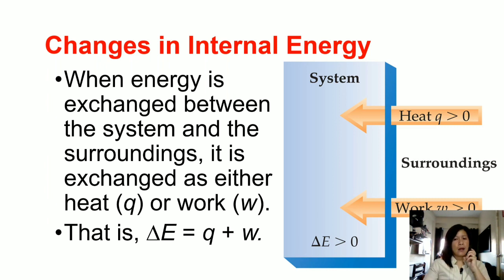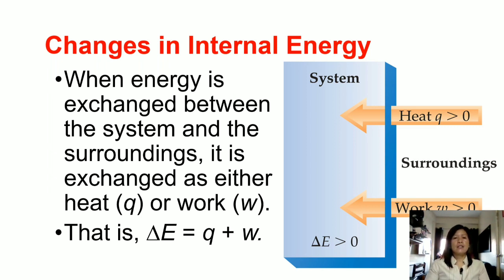That energy exchange may be in the form of heat or work. In another way, we can express mathematically the change in internal energy, in addition to the equation flashed in the previous slide. Change in internal energy is equal to the difference between the internal energy of the final condition minus the internal energy of the initial condition.